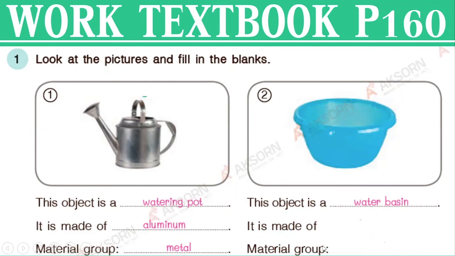I remind you, we have three material groups: metal, ceramic, and polymer, right? So identify please what material group it is. Pause the video, write down everything in your work textbook. Number 2, blank 2 and 3, you fill it by your own. And when you finish, please push the play button, and we continue our lesson.